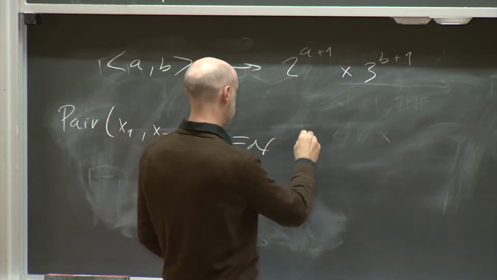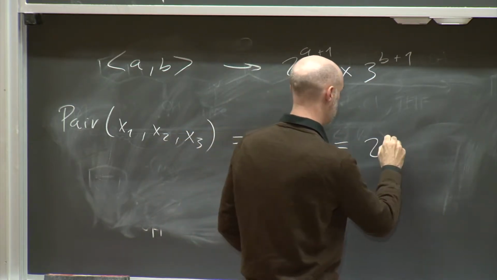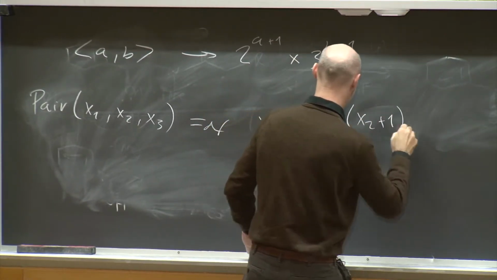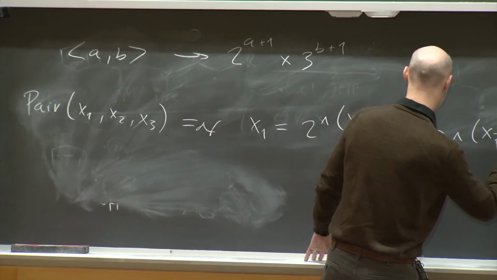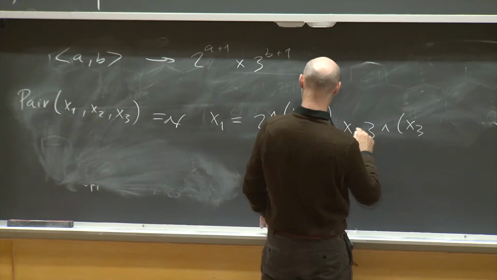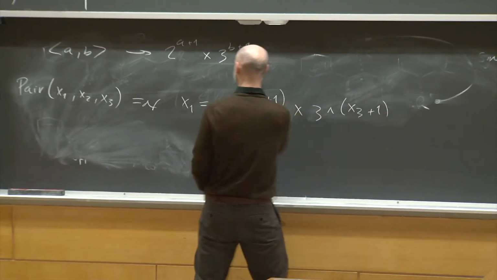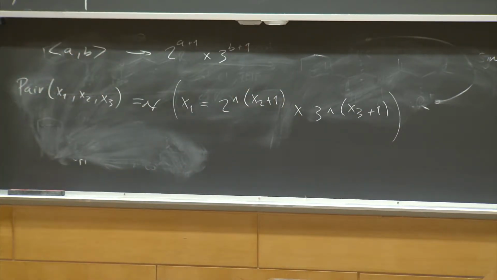We just say that x1 equals 2 to the x2 plus 1 times 3 to the x3, times 3 plus 1. So our language can, in a sense, talk about ordered pairs.